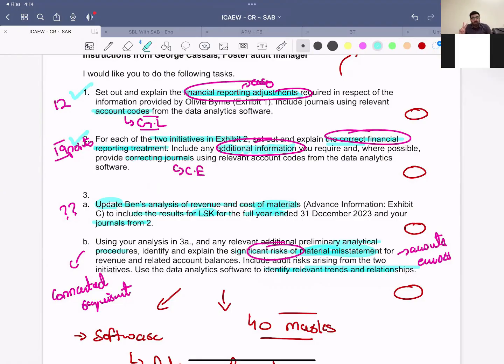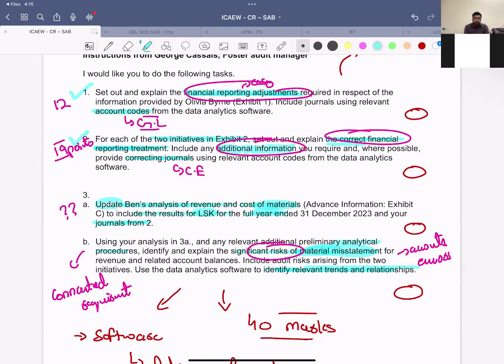The other one is the correct treatment that you have to suggest. The third one is that someone has done analysis before, and you have to comment on it, whether it's right or wrong. And the fourth one is some risk and risk of material misstatements, right?